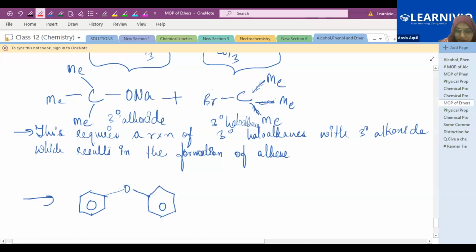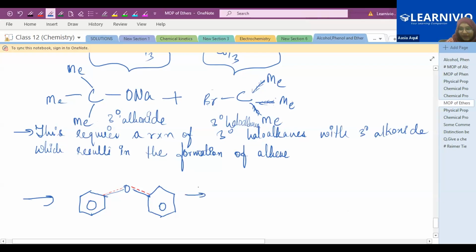There will be a partial double bond character between this carbon and the oxygen, and the same over here, between this carbon of the benzene ring and the oxygen. So due to the partial double bond character, this is very difficult to break. So we can't prepare this diphenyl ether using Williamson ether synthesis. Got it? Due to the partial double bond character.